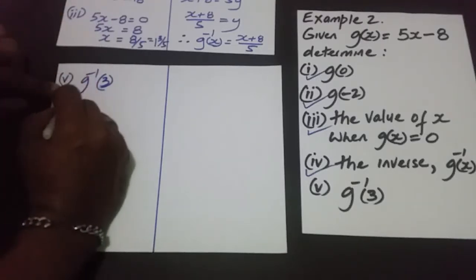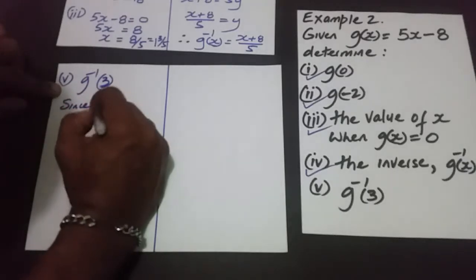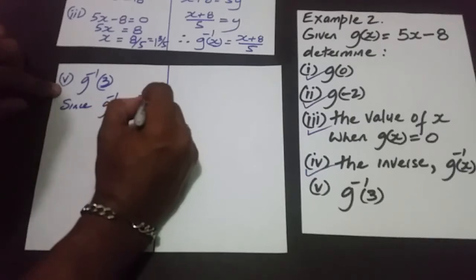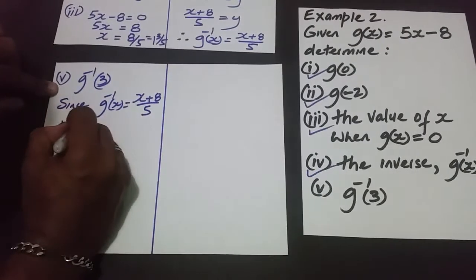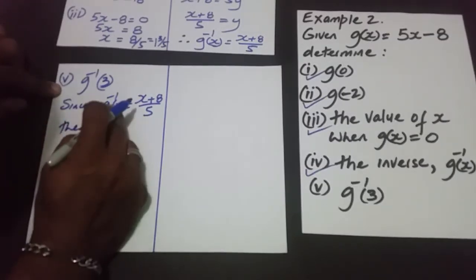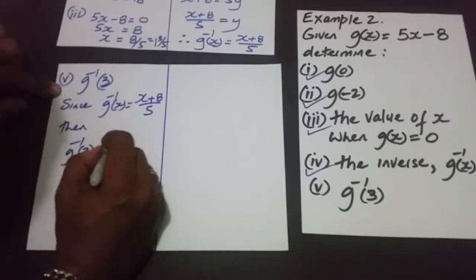Now, since the inverse of g of x, which we found here, is equal to x plus 8 over 5, then the inverse of g of 3 simply means replacing x in here with 3. So wherever x is, I'm going to put 3.